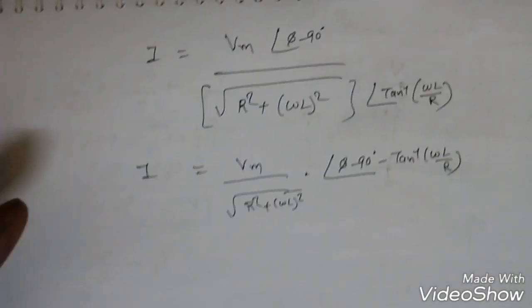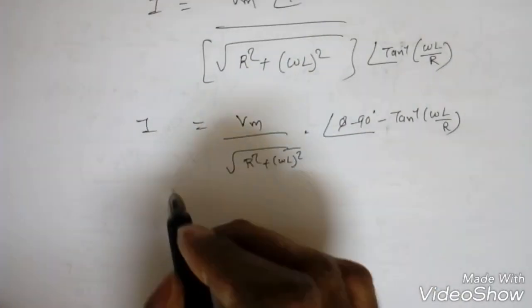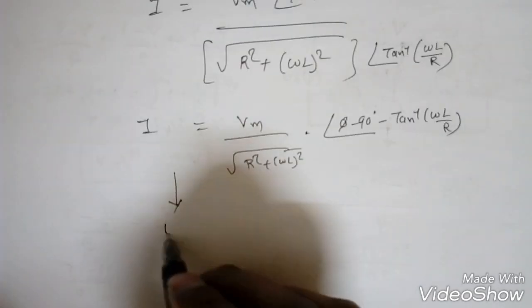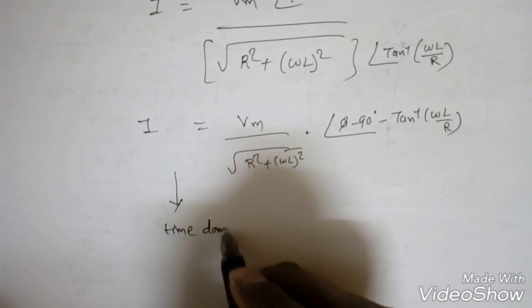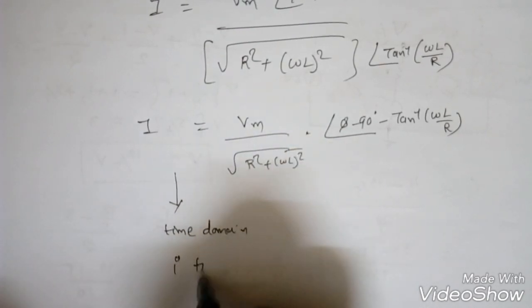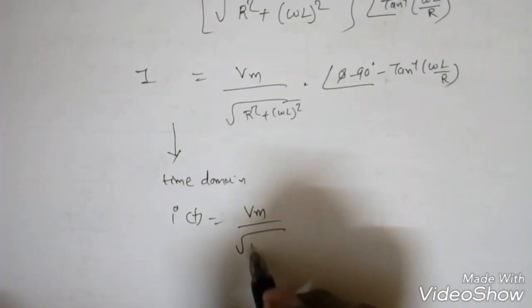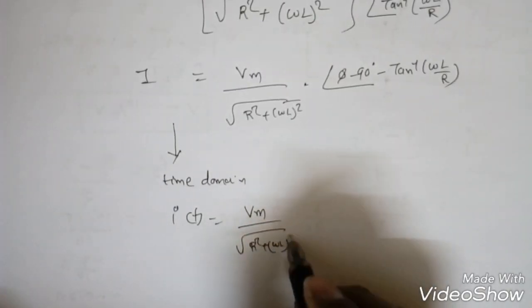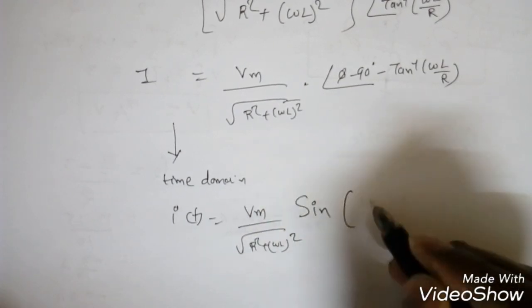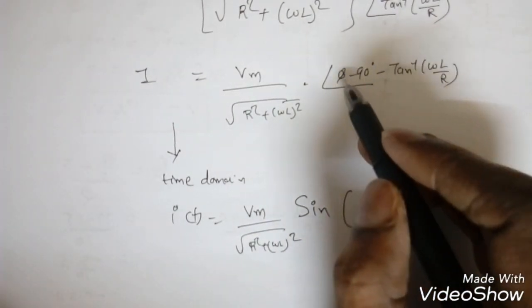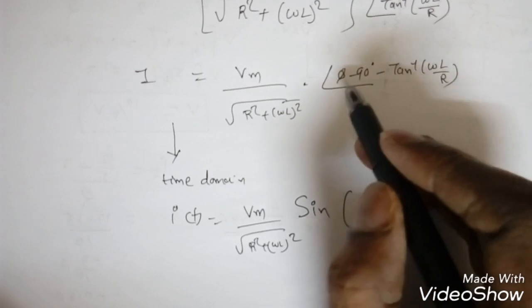This is I. Now this is in phasor domain, so if we convert into time domain, I of t is equal to Vm by square root of R square plus omega L whole square sine, and the angle is pi minus 90, so what is the phase value?